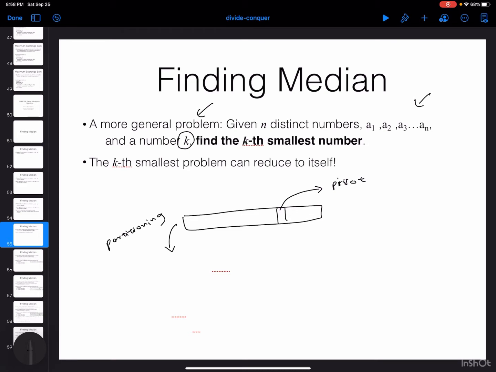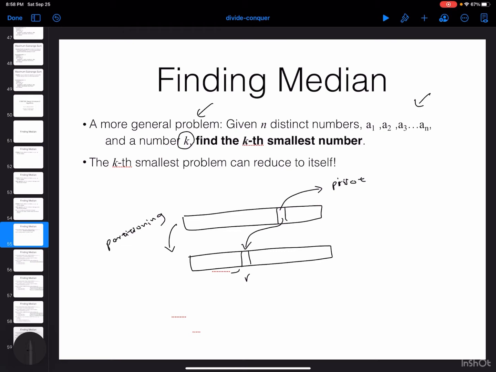and the partitioning method partitions all the values around the pivot and puts the pivot value at its correct rank. Let's just call that rank R. So that value will actually end up at its correct rank among n items.